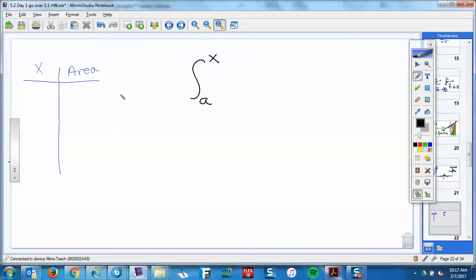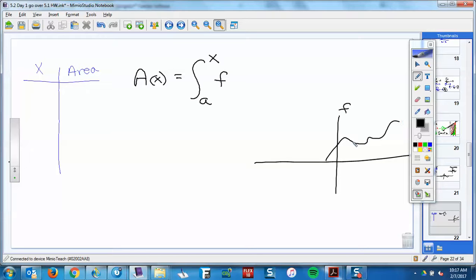Now we're going to call this function capital A for area. And the input, of course, is going to be x. Right? So this x in here is the same as that x up there. Okay? Now this is going to be the area under some f graph. So we're going to have some f graph over here. And here's going to be A. And over here is going to be x. And we're going to be talking about this area right here.